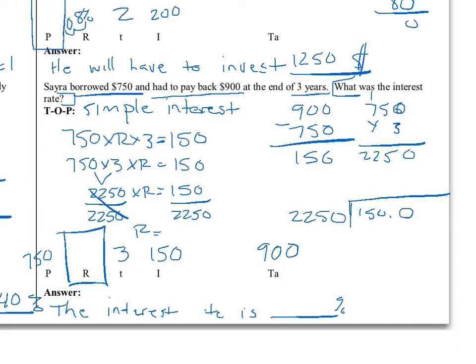Decimal 1 time. Still can't go into 1,500. Decimal 2 times. 2,250 goes into 15,000. Let's see, 2,250 times 6. I'm going to have to figure out what that is.